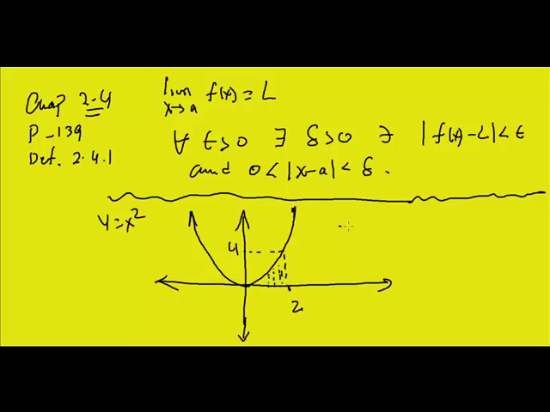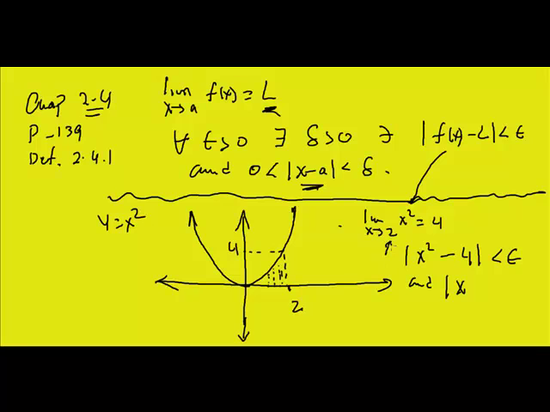So what we're saying is this: if limit as x goes to 2 of x squared is equal to 4, what that means is this is my f of x right there, so absolute value of x squared minus, this is my L, there's my L right there, L happens to be 4, is less than some epsilon, which is a neighborhood around the 4, and at the same time, absolute value of x, that's this right here, minus a.